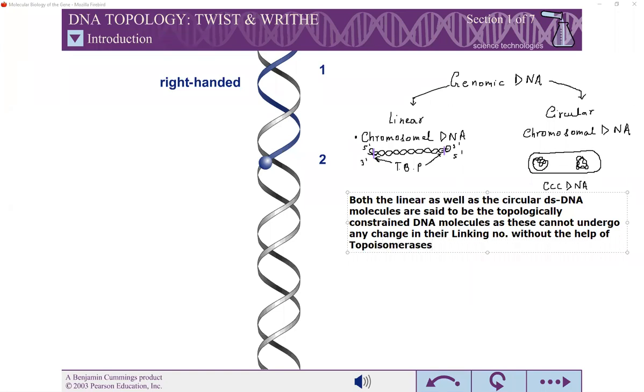Okay, so they cannot alter their own linking number without the help of topoisomerases.